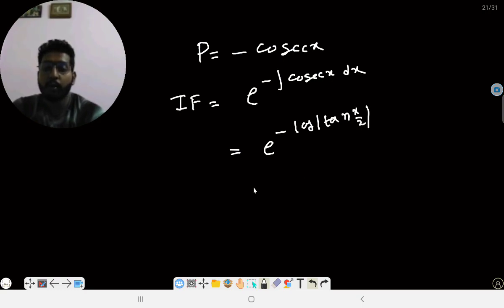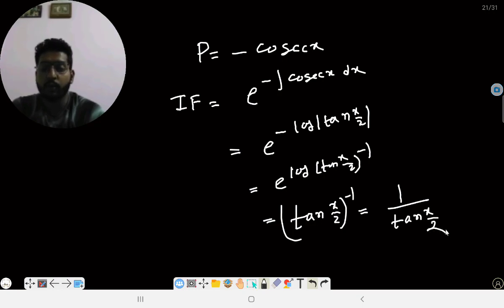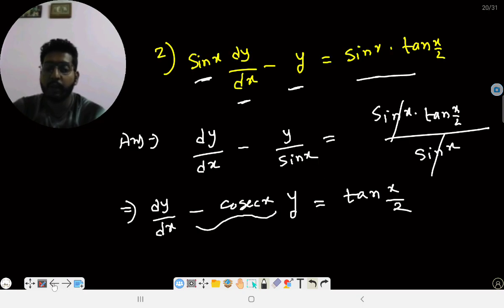Now if the minus goes inside, it becomes log of tan x by 2 whole to the power minus 1. That means the answer will be tan x by 2 whole to the power minus 1, that is 1 by tan x by 2. Done. So this is my integrating factor.